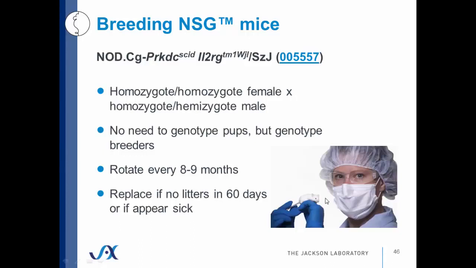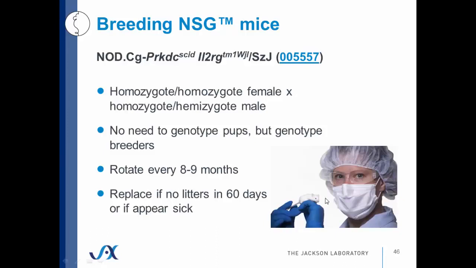So we also get lots of questions about how to breed NSG mice. NSG females are homozygous for the SCID mutation as well as homozygous for the IL-2 receptor gamma chain knockout. And males are homozygous for the SCID mutation and hemizygous for the IL-2 receptor gamma chain knockout because it's an X-linked gene.